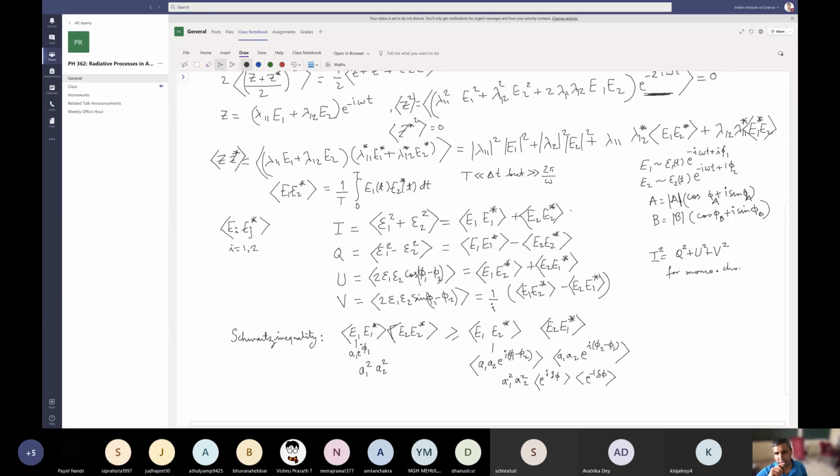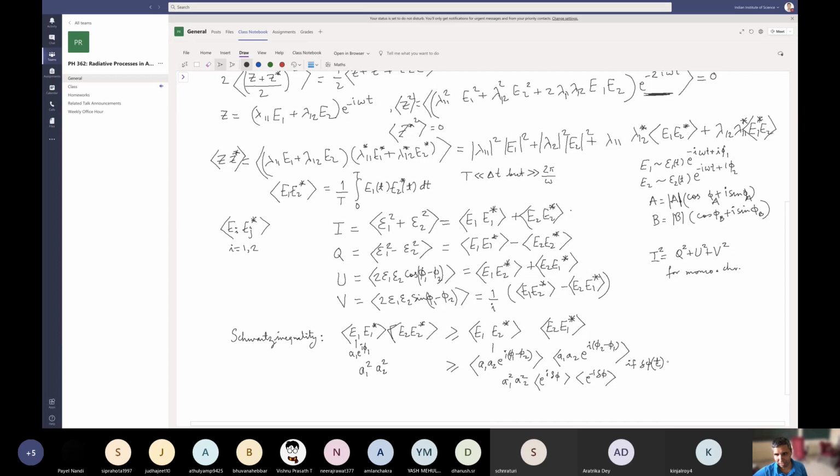Now, if delta phi is constant in time, then they are just complex conjugates and they multiply and give you 1. But if delta phi is dependent on time over the time scale of this averaging, then this will not multiply and give you 1. It will give you something which is less than 1. So that's why this is greater than or equal to this. Okay.